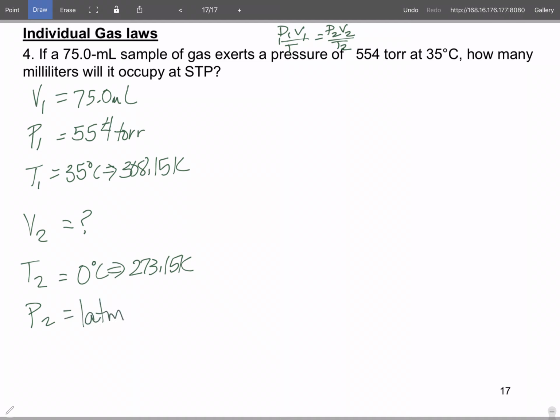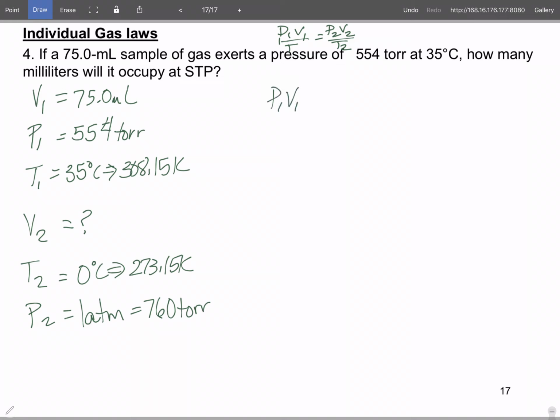Okay, so here we either have to convert 554 torr to atmospheres, or this is 760 torr. So it's easier to do that way. But if you do convert the 554 torr to atmospheres, you'll end up with the same answer. It won't matter.